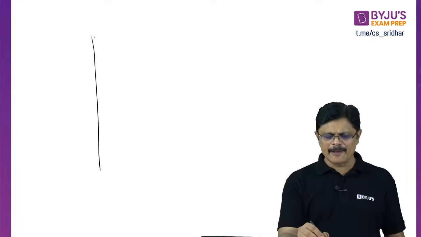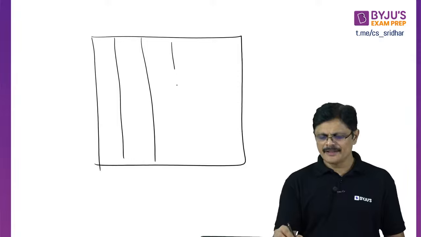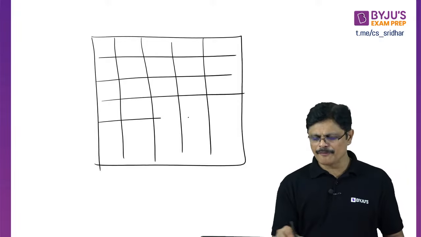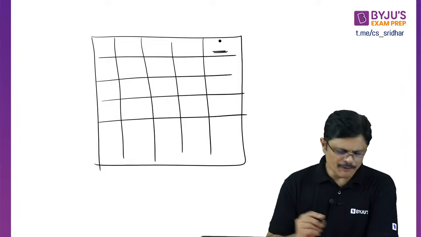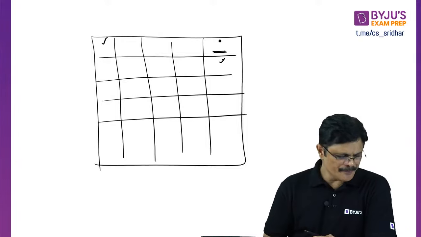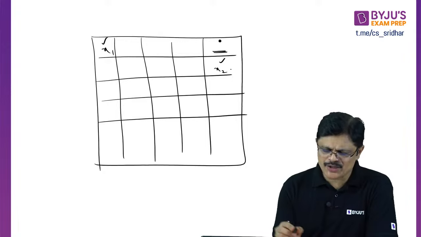Once you have a very big table, suppose even if it is 5 by 5, cells 1, 2, 3, 4, 5. If you want to find this value, first you need to add these two fellows, x1 and x2.